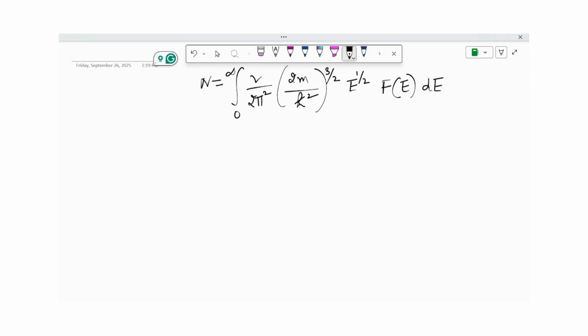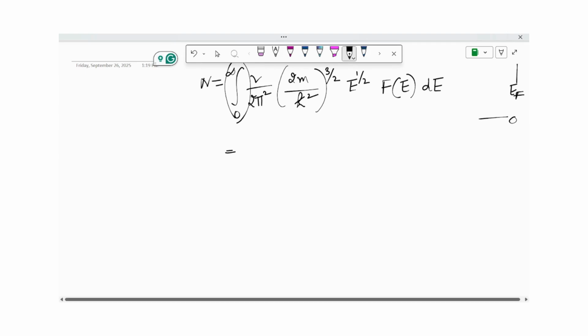By simply integrating it, we can split this integral into two parts, one from 0 to EF and another from EF to infinity.